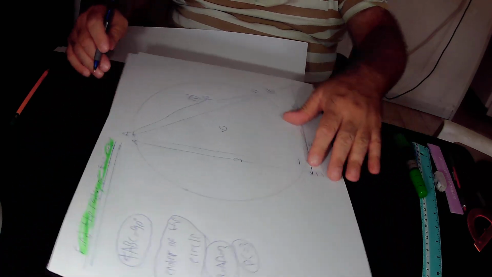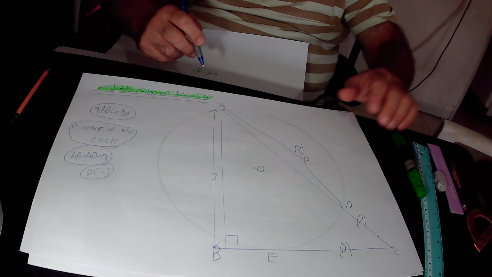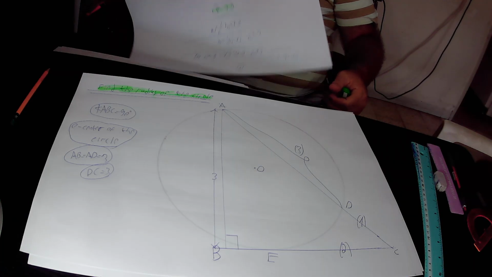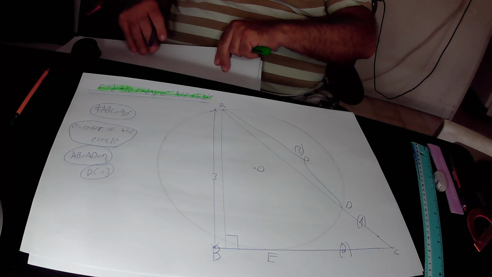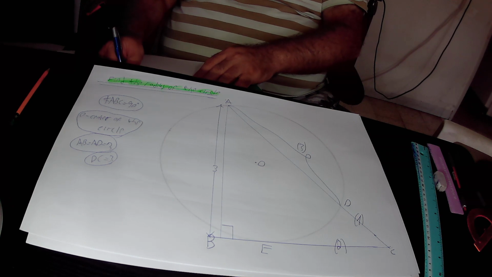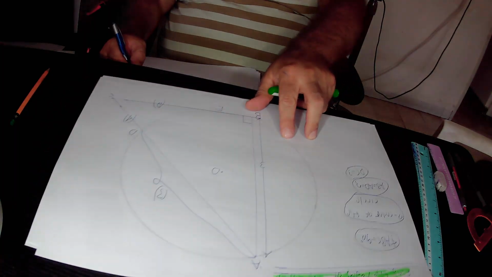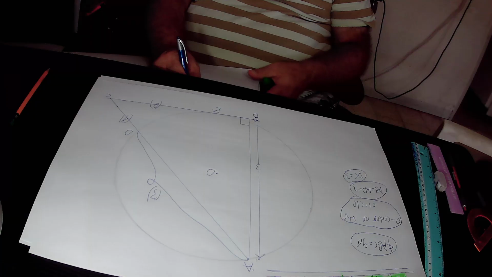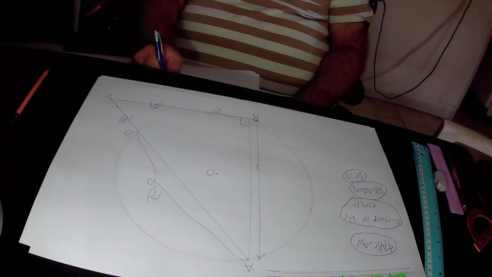In the next step, we'll implement the Pythagoras theorem on the right triangle ABC. According to the Pythagoras theorem, in any right triangle, the square of the hypotenuse equals the sum of the squares of the perpendicular sides. So I copy the right triangle ABC onto a new page.